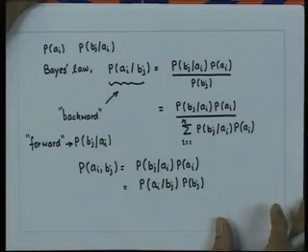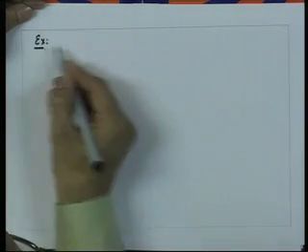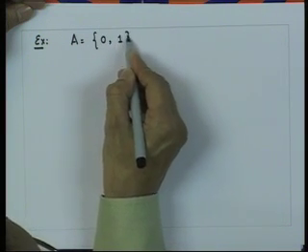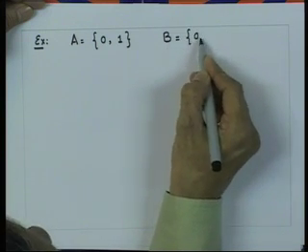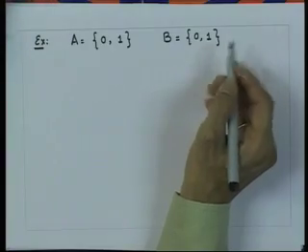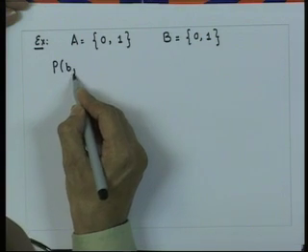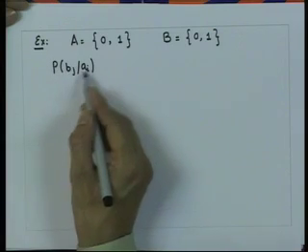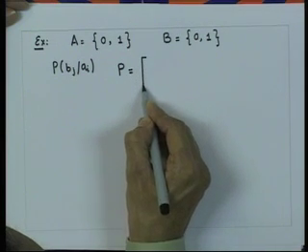We again take an example of a binary channel, that is, we have input alphabet A consisting of two letters 0, 1 and output alphabet consisting of two symbols again 0 and 1, and we assume that the channel matrix, that is the conditional set of probabilities Bj given Ai, has been given to us as follows.